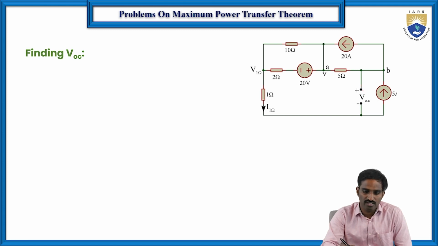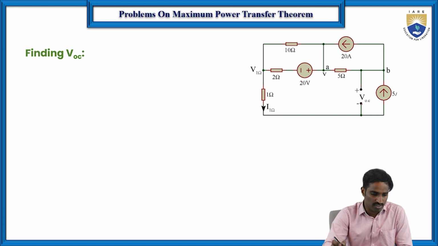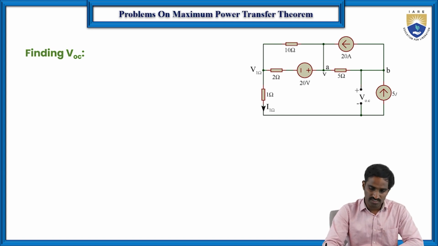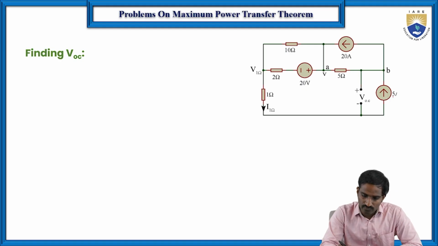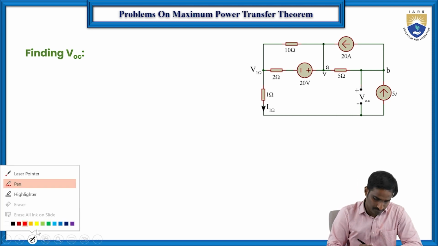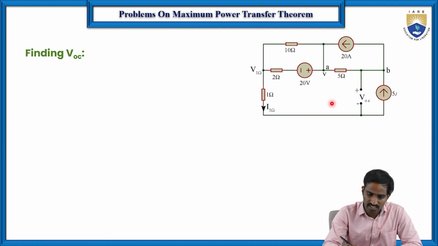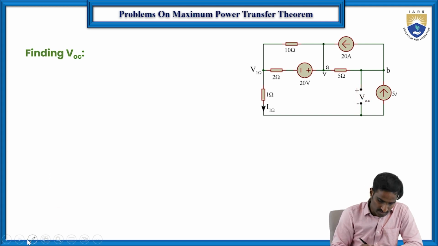So the potential across VOC is nothing but, of course, the current flowing through here, 5 amperes, which is the same current flowing through this 1 ohm resistor also. Then the potential across these two is VOC, so for that let us do the nodal analysis.